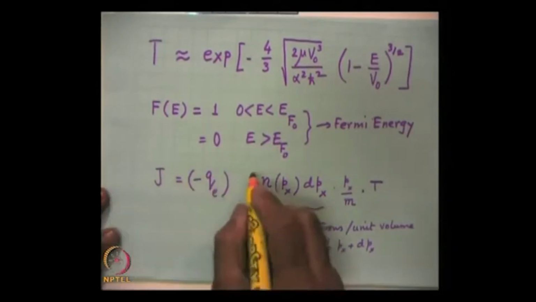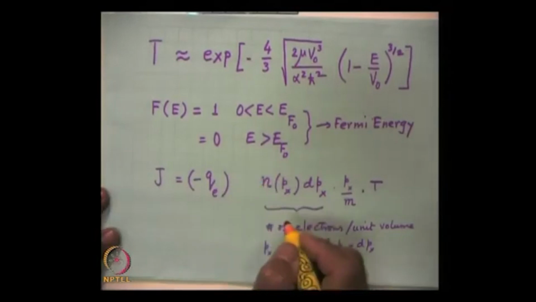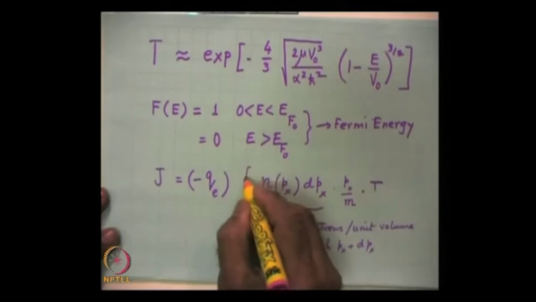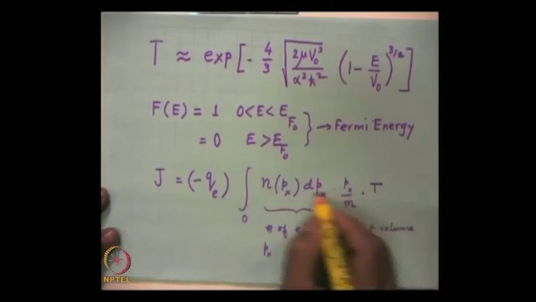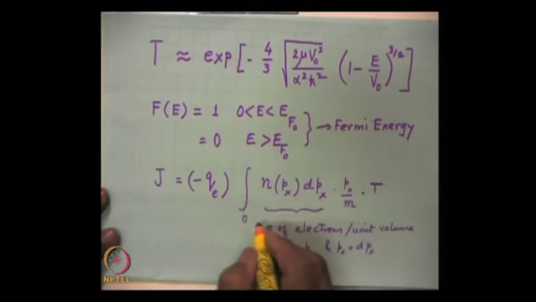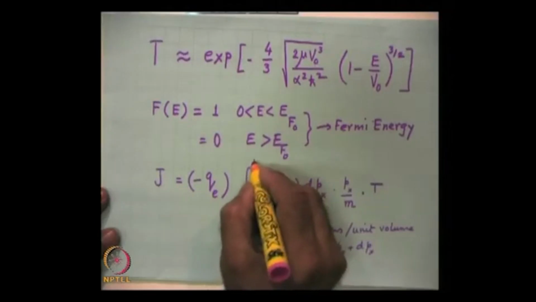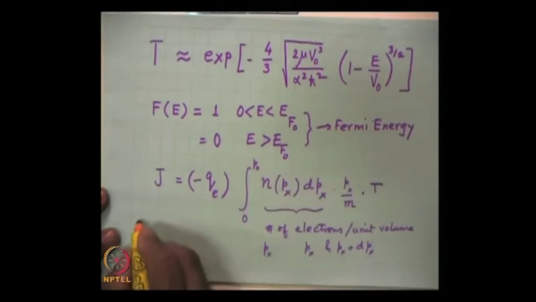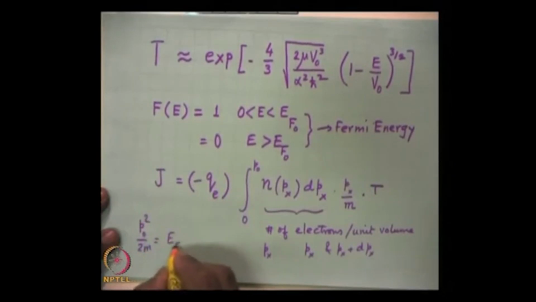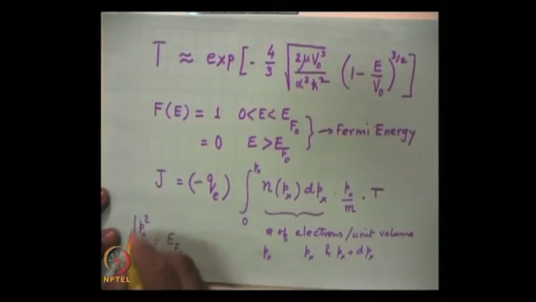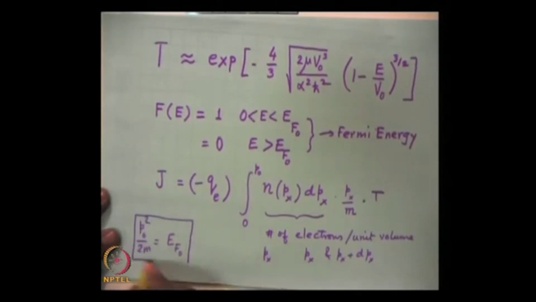So, the total number of electrons that will be coming out will be the integral, with the upper limit P naught such that P naught squared by 2 m is equal to E f naught.